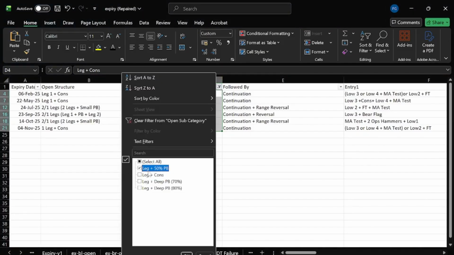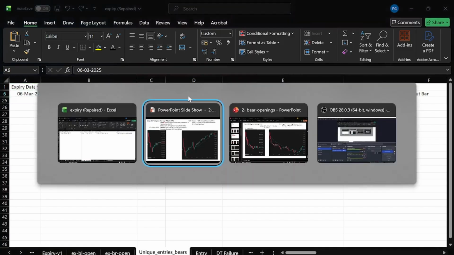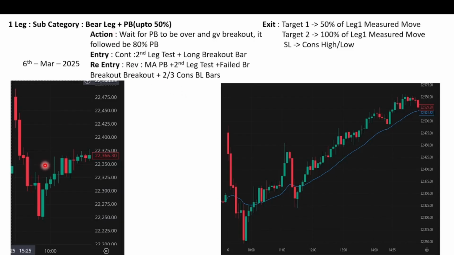Next I'll tell you about leg 1 plus 50% pullback that happened on 6th March. So what we saw in the rules is, when there is leg 1 and the pullback is only until 50%, we have to look for continuation trades. But in this case, let's see what happened.